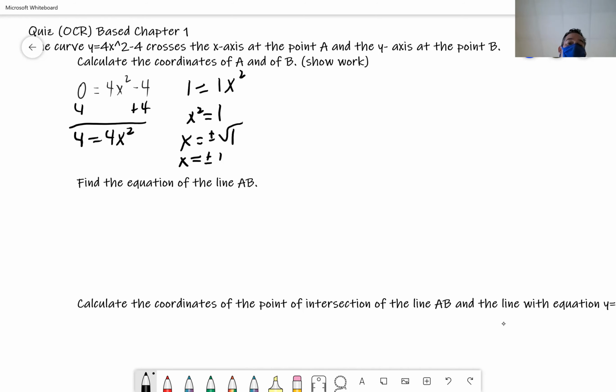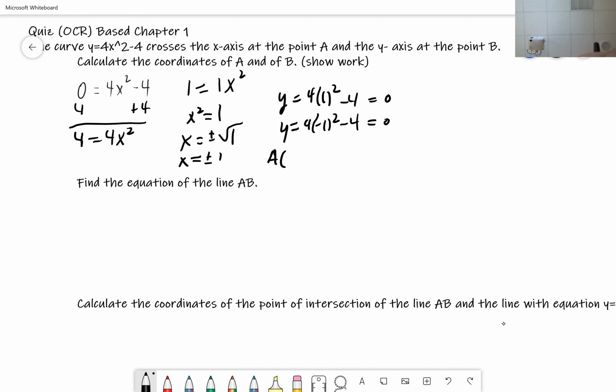So I have to go back to the original equation and put y equals 4 times 1 squared minus 4, and y equals 4 times -1 squared minus 4. Well, you know what that's going to be. It's going to be 0 and 0. So we didn't have to do that. But what's A? A equals 1, 0, and B equals -1, 0. Those are your coordinates for A and B.